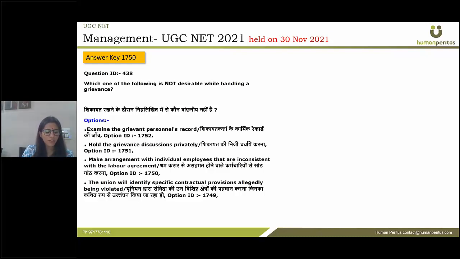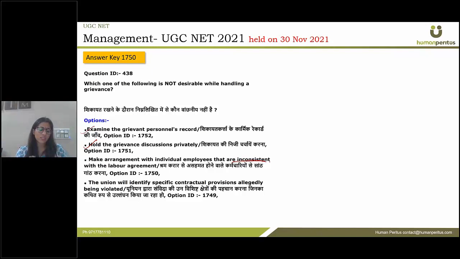Option number 1 is examine the grievant personnel's record. Yes, obviously this would be desirable in handling a grievance. The next one is hold the grievance discussions privately. Obviously this can happen and is desirable, of course. The next one is make arrangements with individual employees that are inconsistent with the labor agreement. Inconsistent.